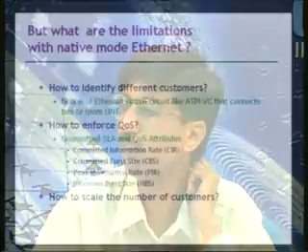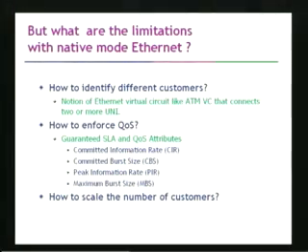Secondly, Ethernet was a best effort local area network. It did not provide any quality of service guarantees, and there was no way to enforce service level agreements. For example, you cannot provide quality of service attributes like committed information rate, committed burst size, peak information rate, and maximum burst size.